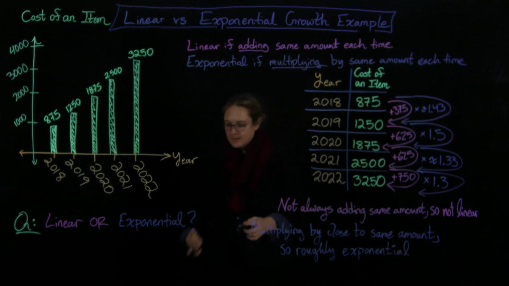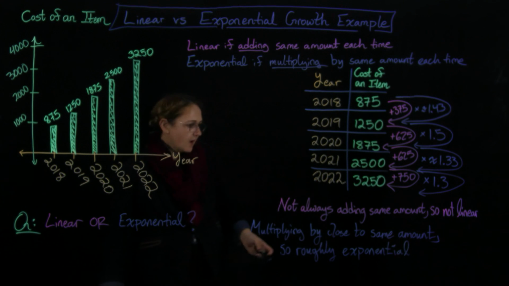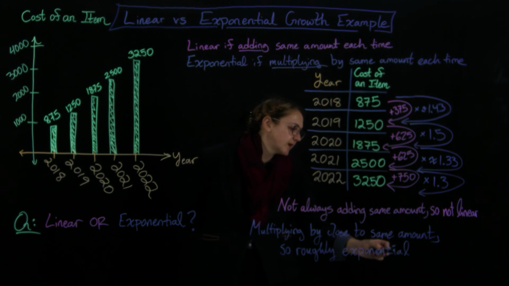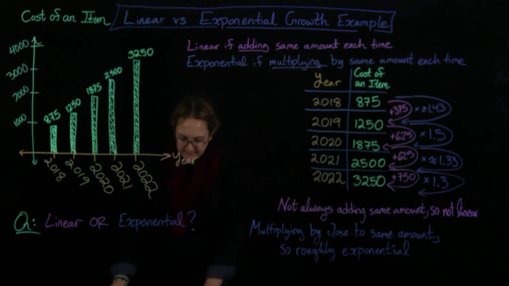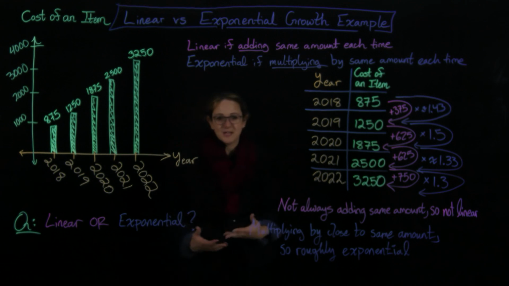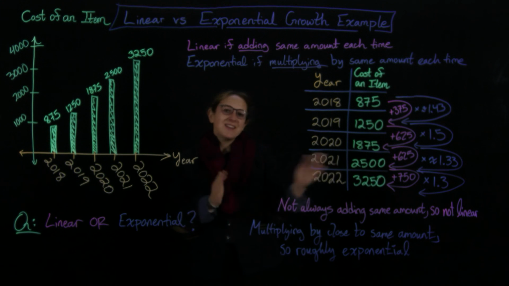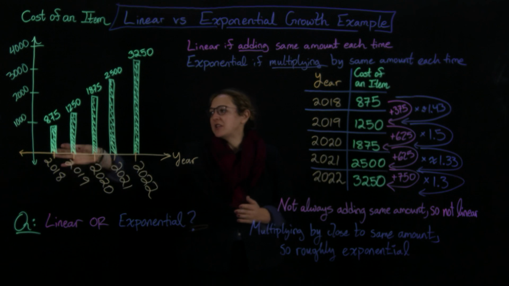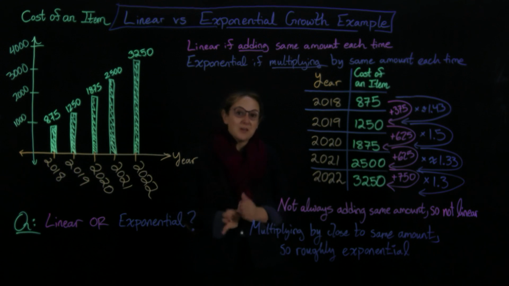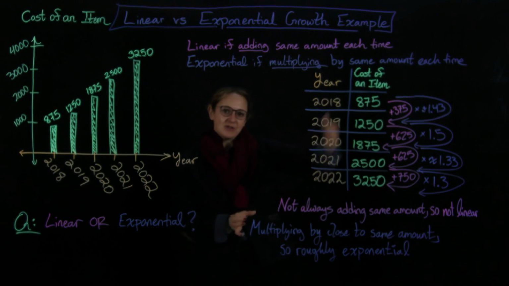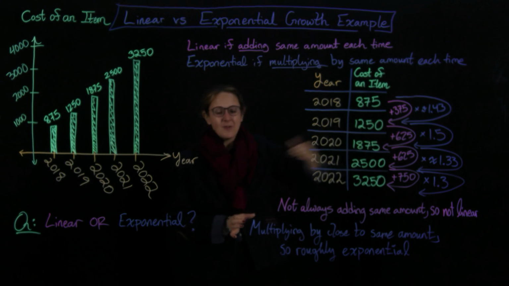Okay. So what did we do here? We had some data, and we were trying to determine if it's growing at an exponential rate or a linear rate. The way to tell the difference is if for each equal amount of change in your input, you're adding the same amount to your output, then you're linear.